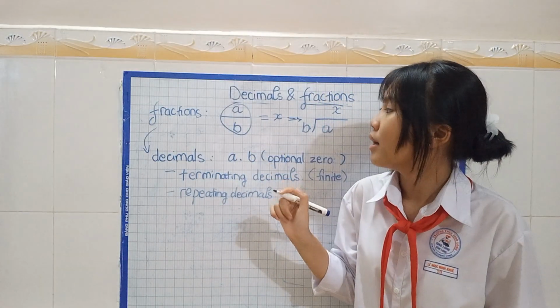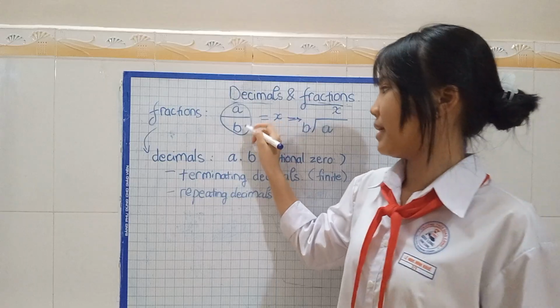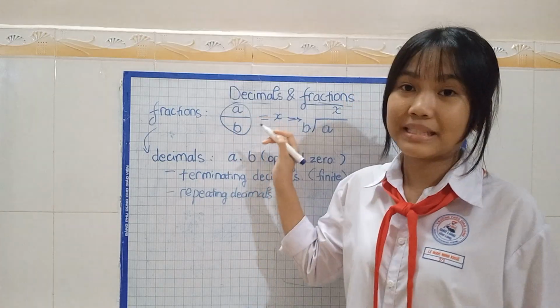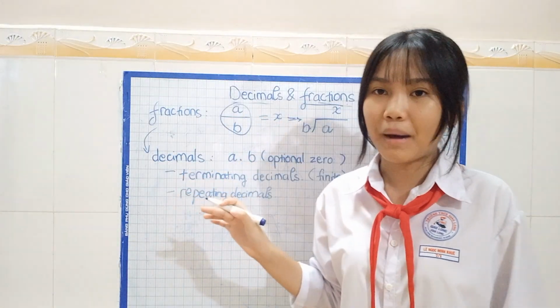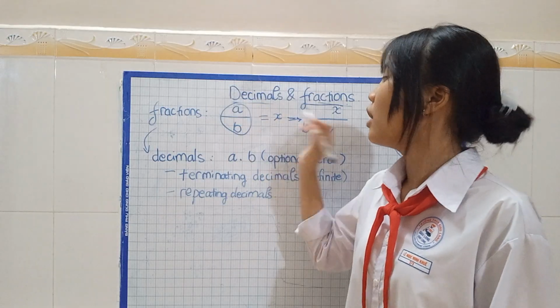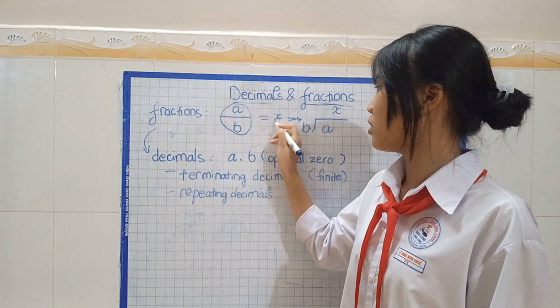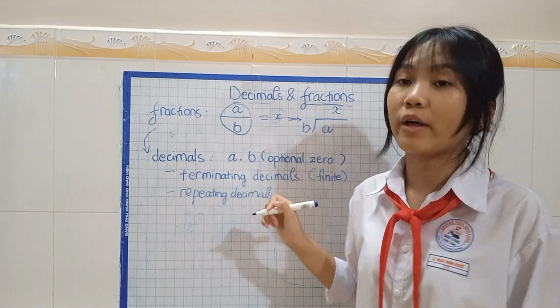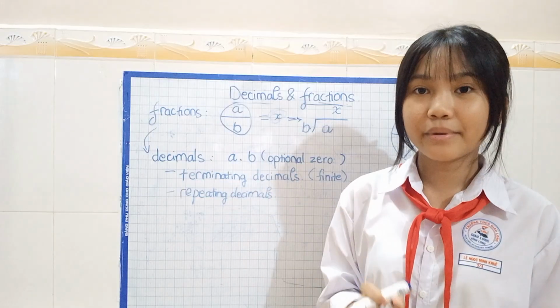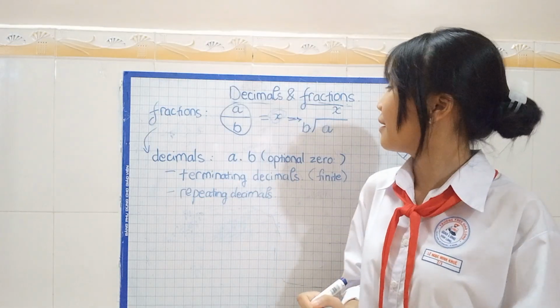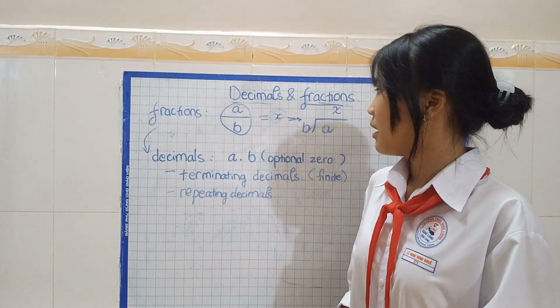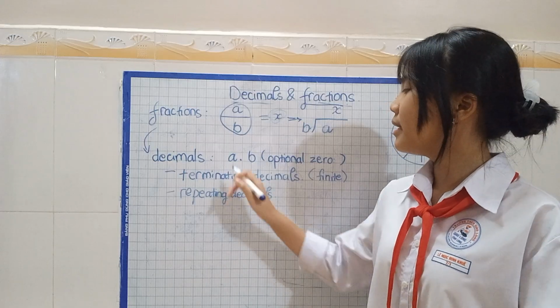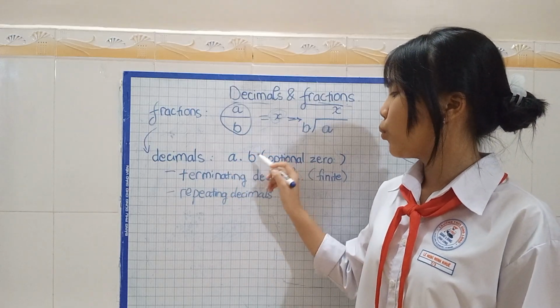So now, A over B, this line right here basically means division or divided by. And so this whole thing could be equal to a number, which here I'll call x. And that x number is what we call a decimal. So a decimal is written like this.